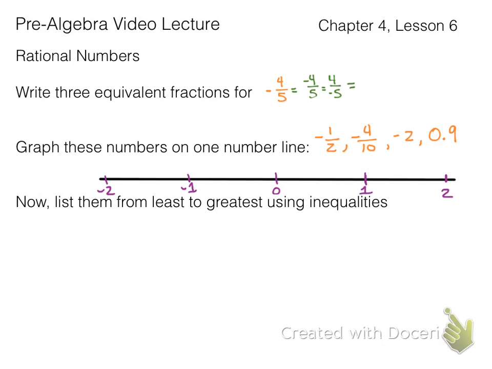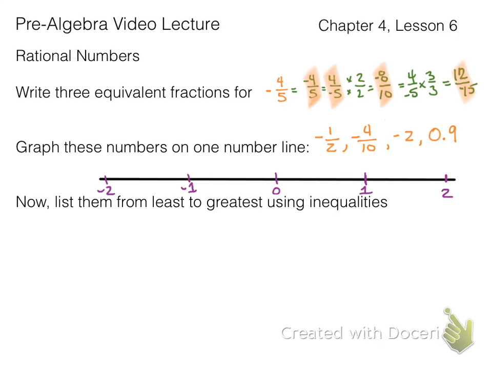So if I multiplied by 2 on the top and on the bottom, that's going to give me negative 8 over 10, because equivalents still need to have the same sign, either negative or positive. So we could even multiply by 3, negative 4/5 times 3 over 3, and that's going to give me 12 over negative 15. All right, so there's a bunch of equivalent fractions there. I've got one there, one there, one there, and one there. There we go. So I definitely gave you more than 3.